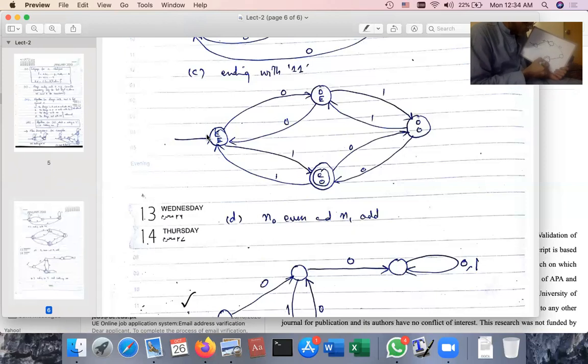So this would be the 001 minimum string. This would be one possibility. And this is the final state.